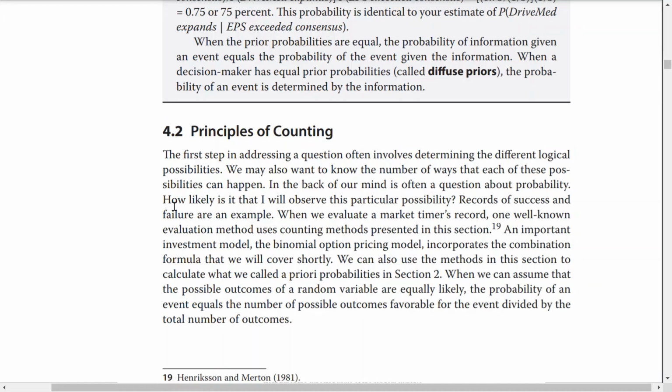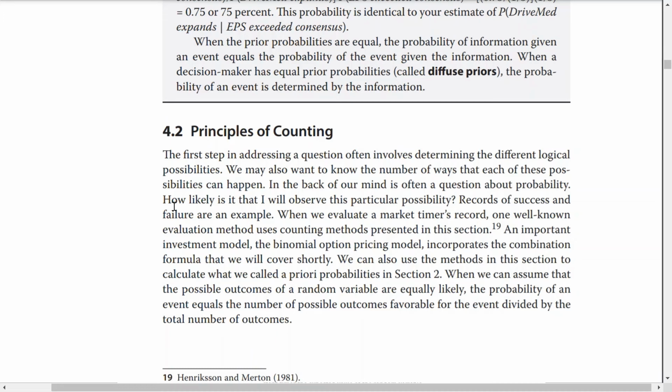Recall, records of successes and failures are an example. When we evaluate a market timer's record, one well-known evaluation method uses counting methods presented in this section. An important investment model, the binomial option pricing model, incorporates the combination formula that we will cover shortly.